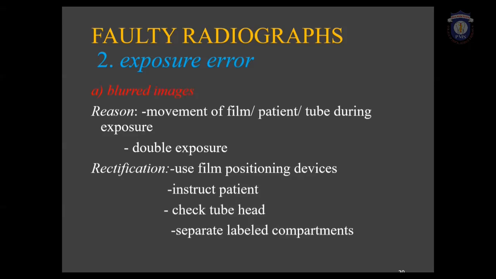So we need to ensure that film positioning devices are used during exposure, or adequate instructions are given to the patient prior to exposure. You need to check the tube head before exposure, and separate labeled X-rays are kept in compartments after exposure.